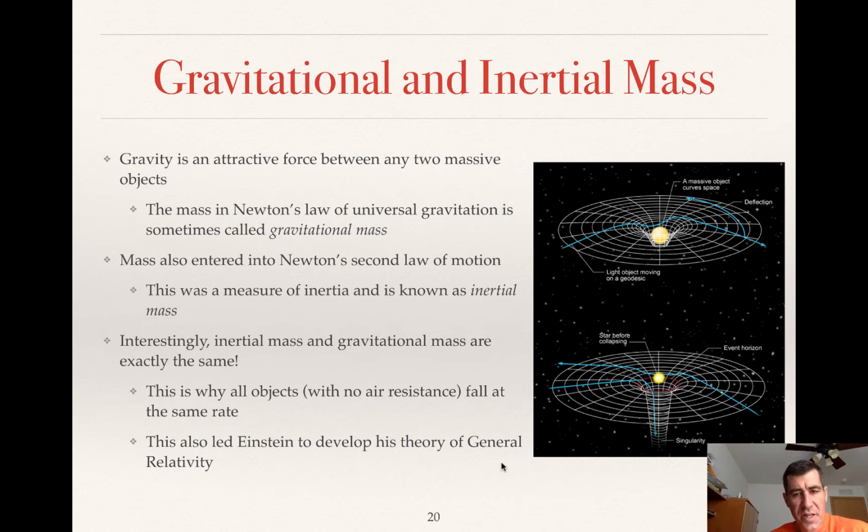In fact, this is one of the key points that led Einstein to develop his theory of general relativity. General relativity is a more complete theory of gravity than Newton's law of universal gravitation. We're not going to talk about general relativity because the math you need is pretty hairy.